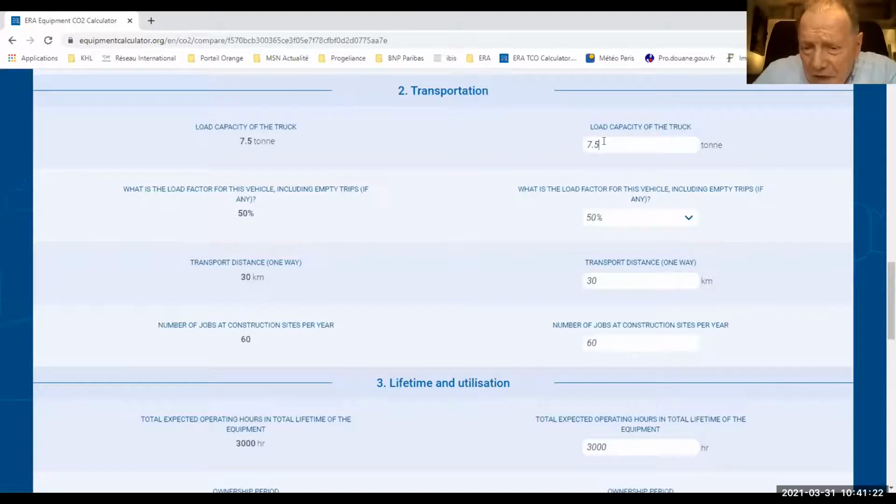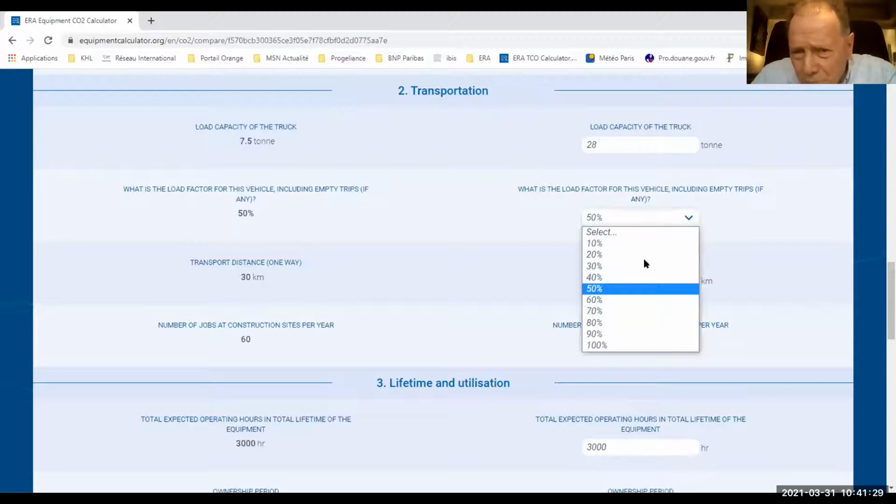If we use a larger truck, let's say 28 tons, with a pretty good load factor, because we transported many pieces of equipment on those trucks this morning, so 70% or even 80%.